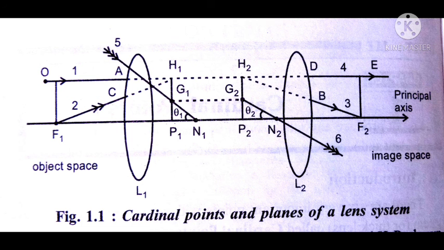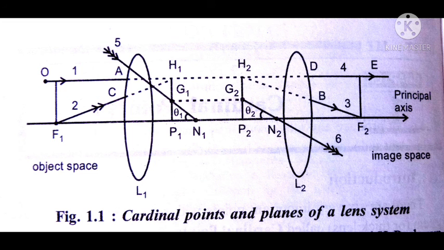Similarly, the distance of the second focal point from the second principal point is called the second focal length, represented by small f2. In the image space, F2P2 is equal to small f2 and F1P1 is equal to small f1. These are the two focal points and focal planes.